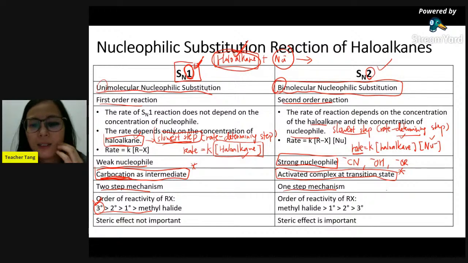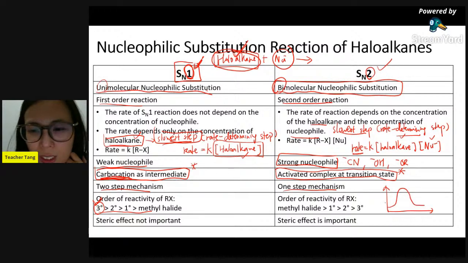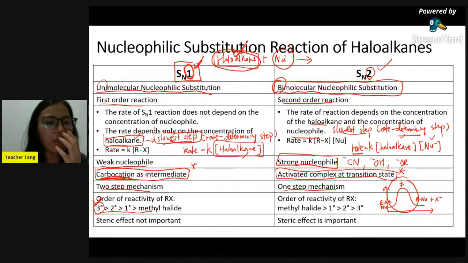So for SN2, one step means like this. Here is your haloalkane and also the nucleophile. When they react, they form the transition state and then the product. So this is one step. But SN1 will be two steps.